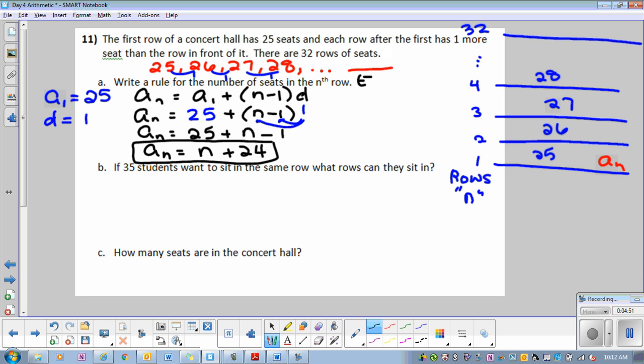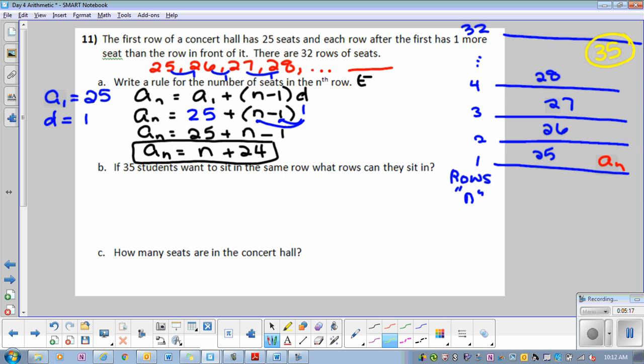So now let's look at b. Guys, if 35 students want to sit in the same row, right? Then which row do they have to sit in? All right. So then they're saying, okay, here for a sub n, they want to be 35 here, right? So what do we need to know? Which row, right?